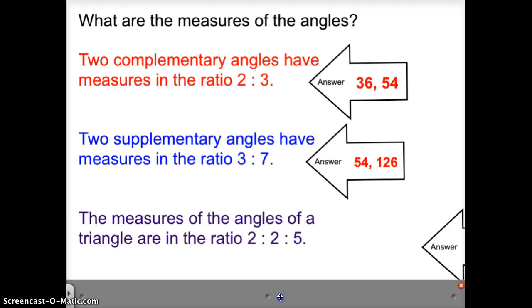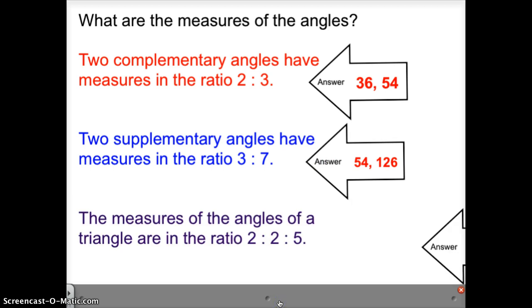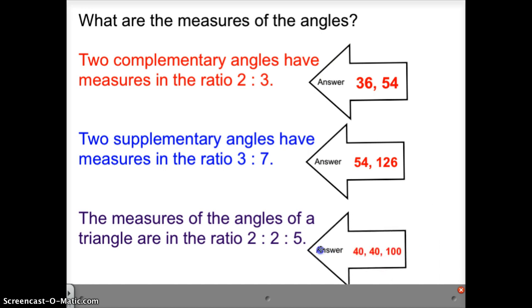And finally, this is number 15, where the angles of a triangle have a ratio of 2, 2, and 5. Remember, we can extend ratios out as far as we can as long as the sides or whatever are proportional. The answers you should have got for those three angles are 40, 40, and 100, where we obviously could then conclude that it would be an isosceles triangle.